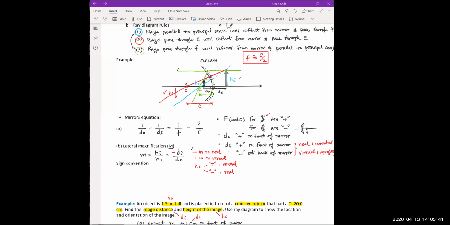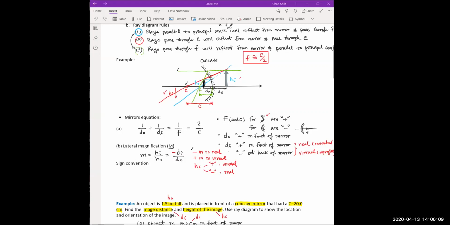Okay, have you guys come back? All right, if you do it correctly, your diagram will look like this. The focal point is 10, C is 20, so F is 10.